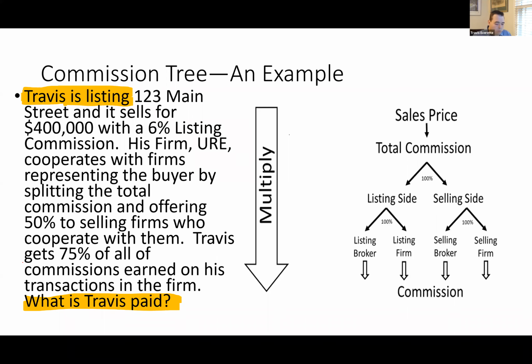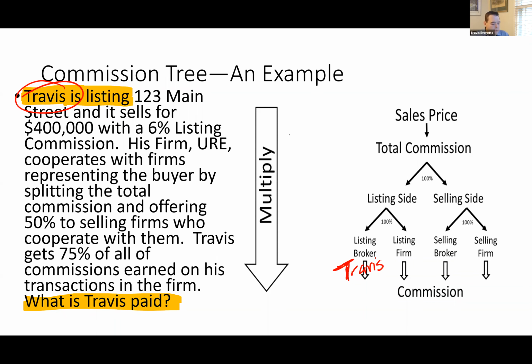So now when we get to the listing side here, we have two pieces to the listing side. We have the listing firm and the listing broker. Well, Travis is not a firm. Travis is a broker. So to me, Travis is the listing means Travis is right here. Travis is the listing broker. I'm going to label that. I'm going to fill it in.